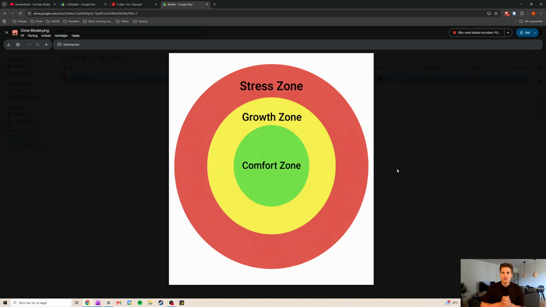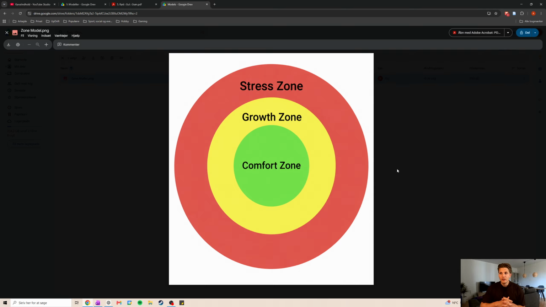Red zone is still a stop line though. So the comfort zone is where you are, as the name implies, comfortable. This is what you do on a regular basis without too much difficulty. These are the things where you don't have to spend too much energy in order to do the things that you want to do or need to do. You're quite comfortable here.